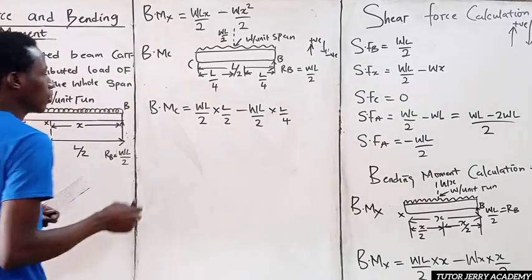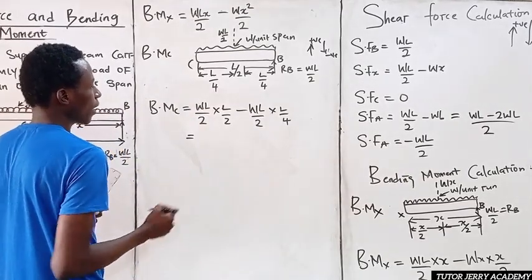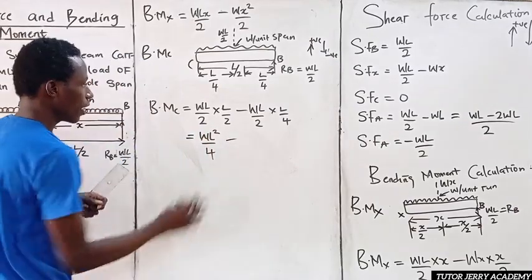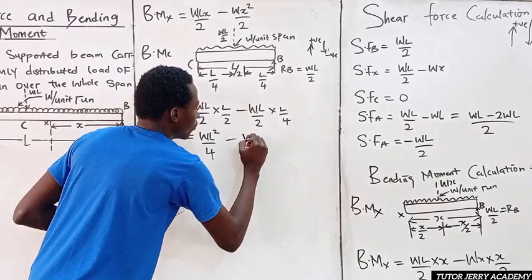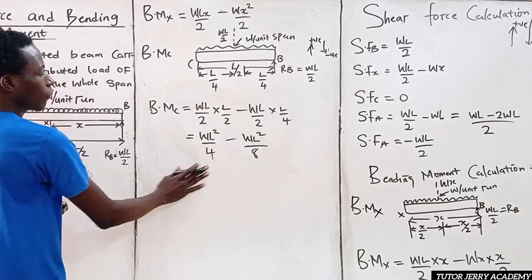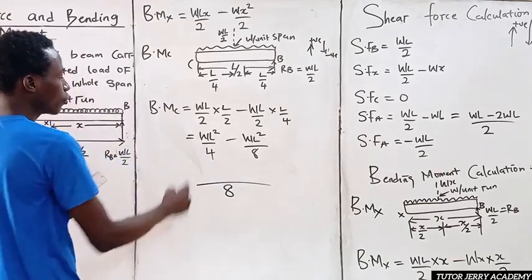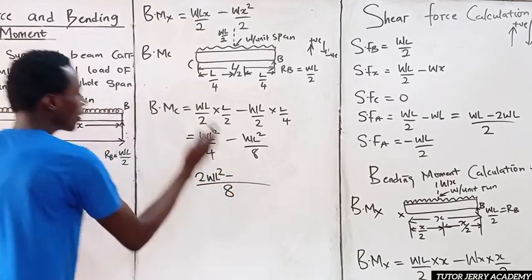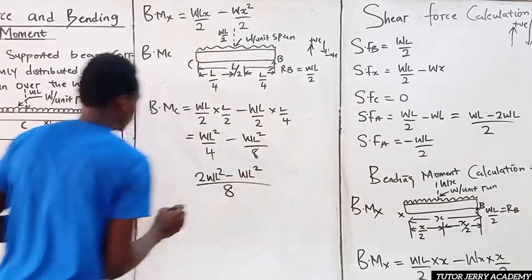So we can just do this simplification. WL all over 2 multiplied by L over 2 is nothing but WL square all over 4. WL all over 2 multiplied by L all over 4 is nothing but WL square all over 8. And the LCM of 4 and 8 is 8. So 8 divided by 4 is 2, 2 multiplied by WL square is 2WL square. 8 divided by 8 is 1, 1 multiplied by WL square is WL square.